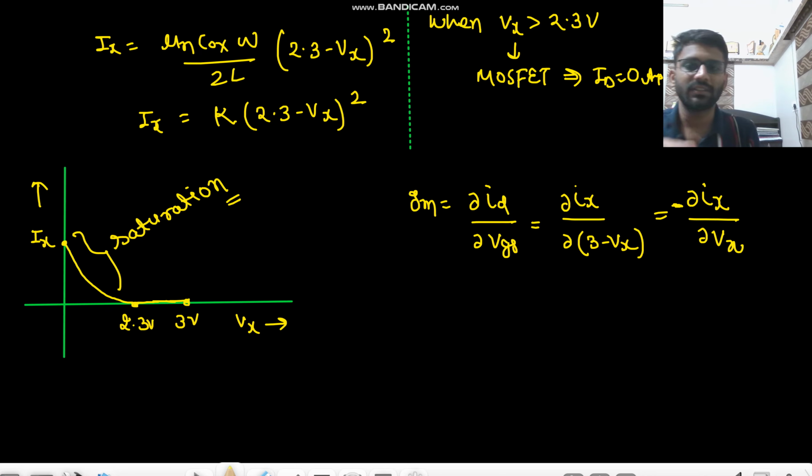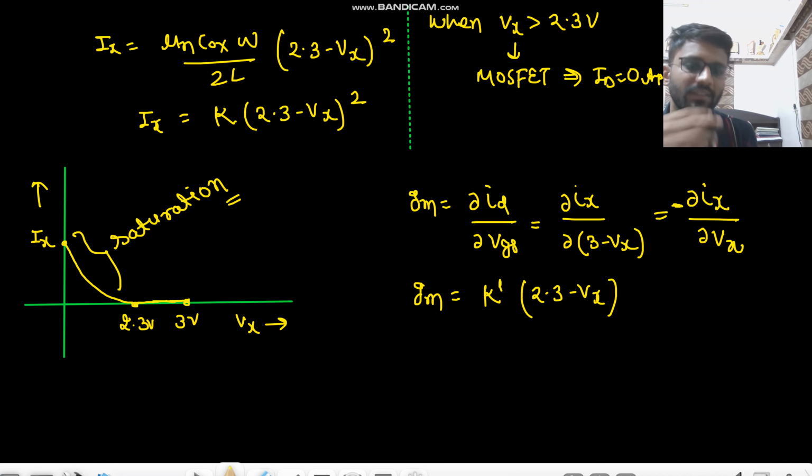That is your gm. So from here you can calculate gm would be some constant k dash times 2.3 minus Vx, right? This minus sign will be there. If you multiply it with the derivative in Vx, a minus sign will also be there. Minus minus will cancel out. So gm would be 2.3 minus Vx.